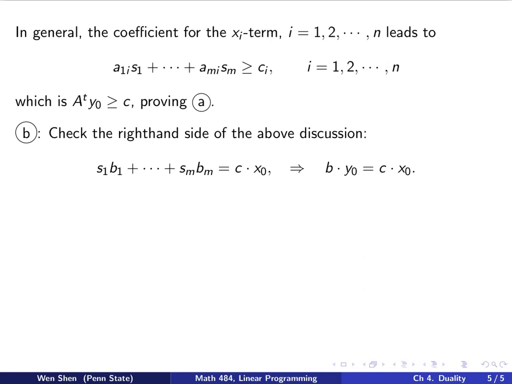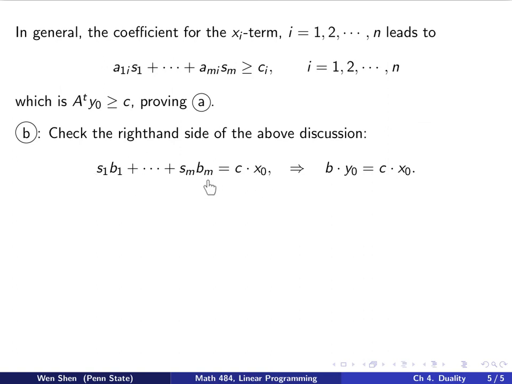If I look at the right-hand side, b1, b2 to bm are multiplied by these s's, right? s1 times b1 plus dot dot dot plus sm times bm adds up to the constant term of the objective function, which we know at that point is the optimum, so it's c dot x0, where x0 is optimal.